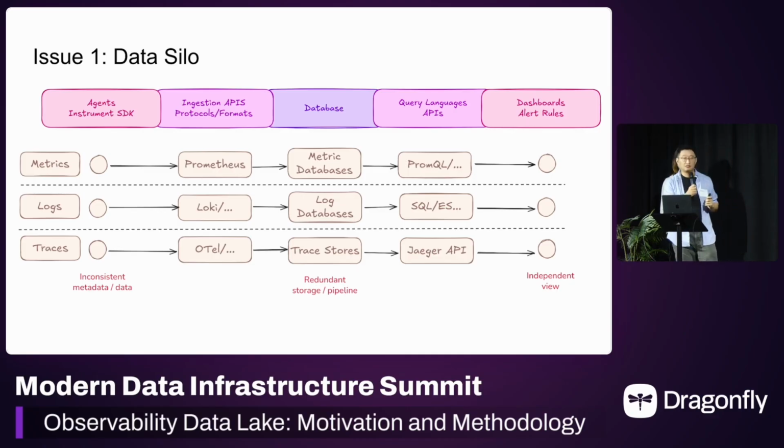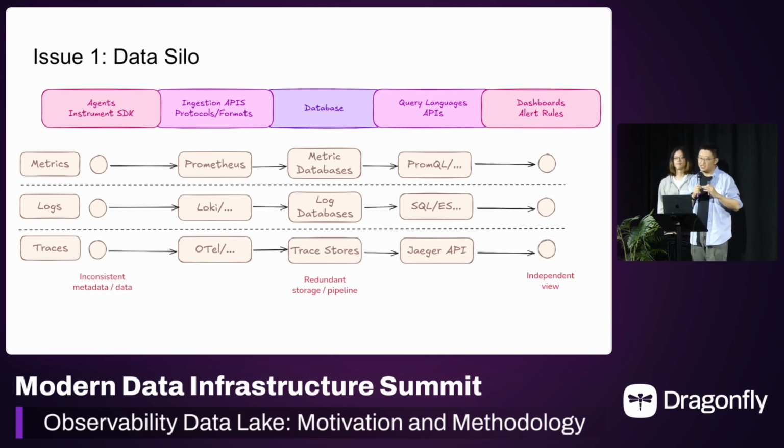First, at the data source, it might introduce some inconsistency of metadata or even data itself. For storage, it introduces redundancy, and for the application layer, due to the different data granularity, it's very hard to combine them together.